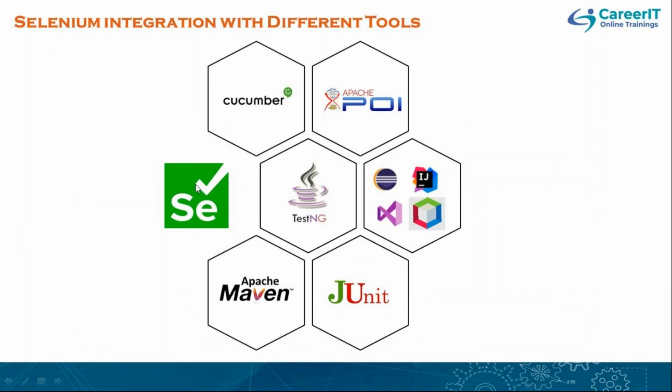It can integrate with any IDE available in the market, Eclipse, IntelliJ IDEA, Visual Studio Code, anything. And it can integrate with JUnit also. All these listed here are open source tools available in the market. You don't need to purchase any license to use them, and Selenium is also an open source tool. You can easily integrate Selenium with all these frameworks or tools, guys.